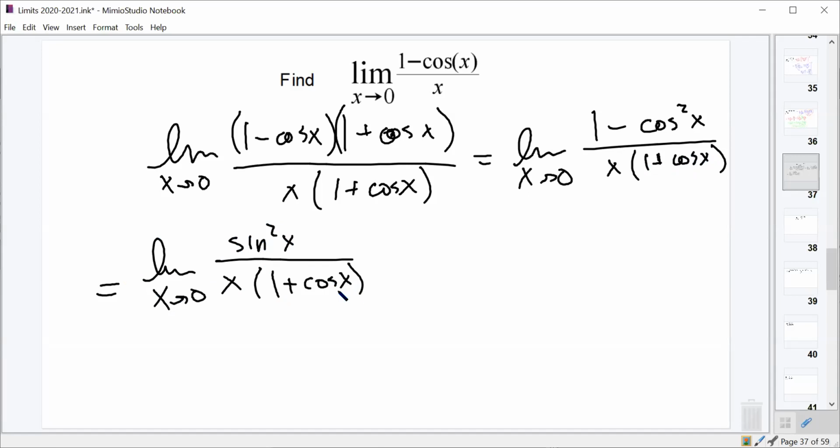Is this enough simplification? Can we plug in 0 now and get something that's not indeterminate? No. If I plug in 0, I still get 0 over 0 times 2, which is 0 over 0. So it's still indeterminate. So now what?